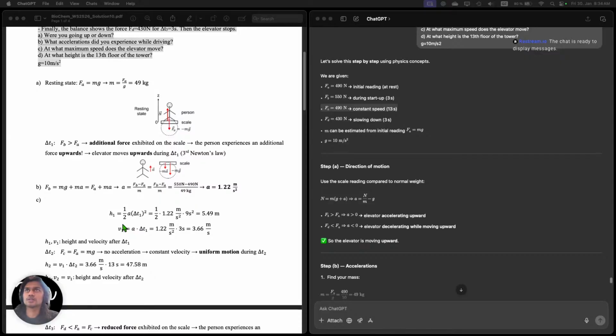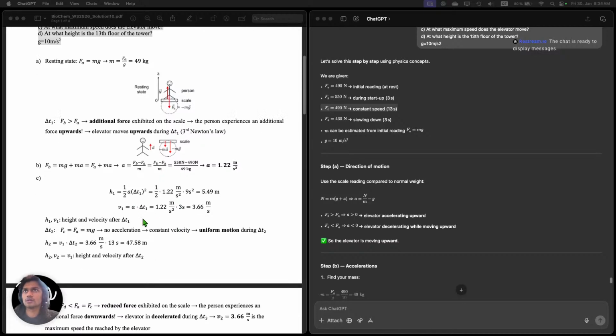So from this, just half a t squared. v1 equals a delta t. Velocity is 3.66 meters per second.